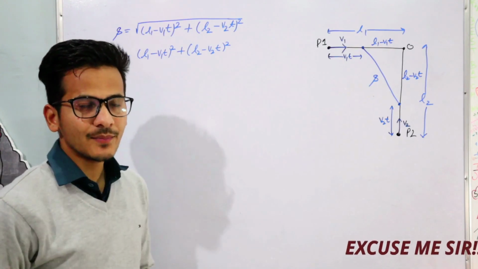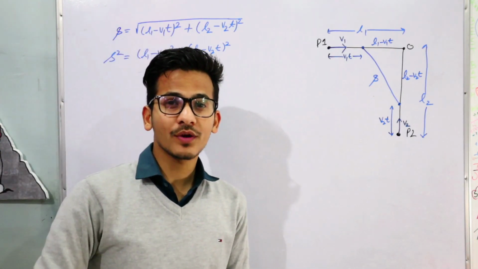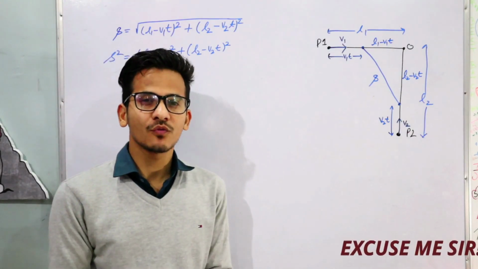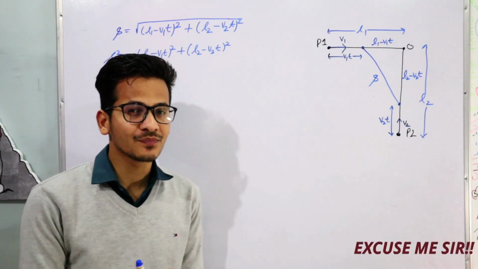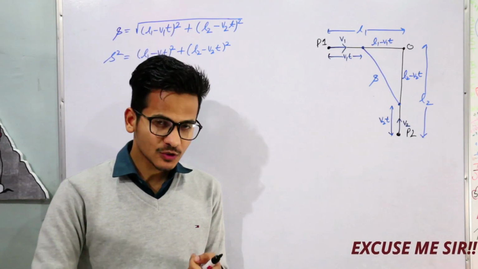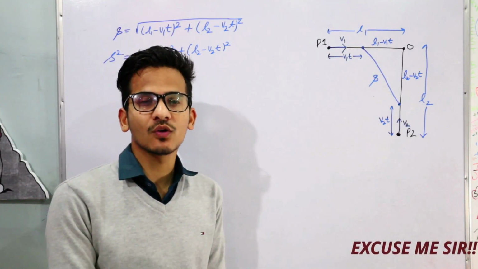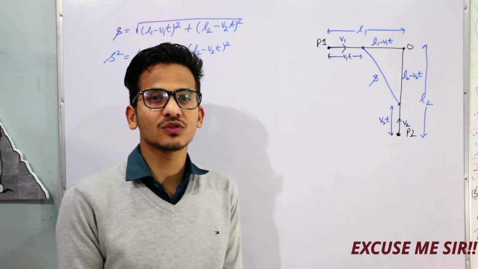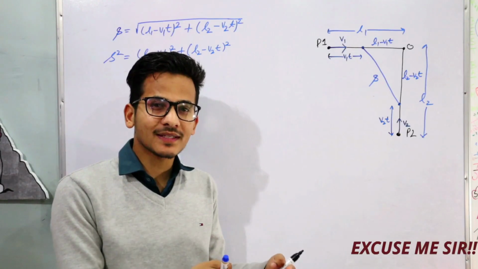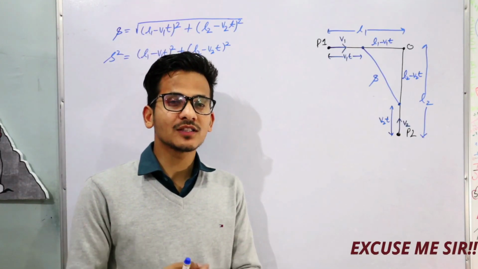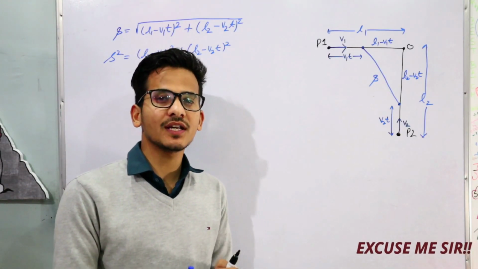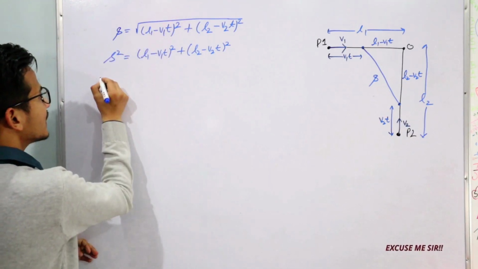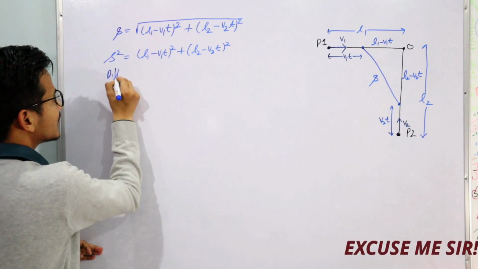To find the maxima and minima, we have to differentiate our equation with respect to time. In this case, the variable is time, so we differentiate S with respect to time and then put it equal to 0. By differentiating the first time and putting it equal to 0, we get the extreme points, either maxima or minima. To confirm which it is, we have to differentiate again.